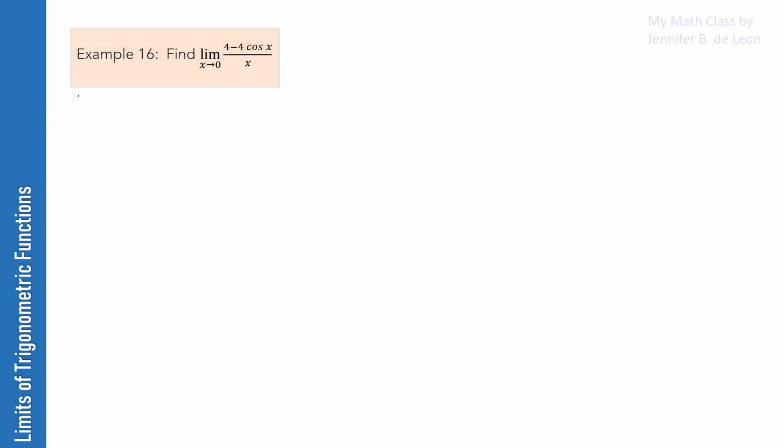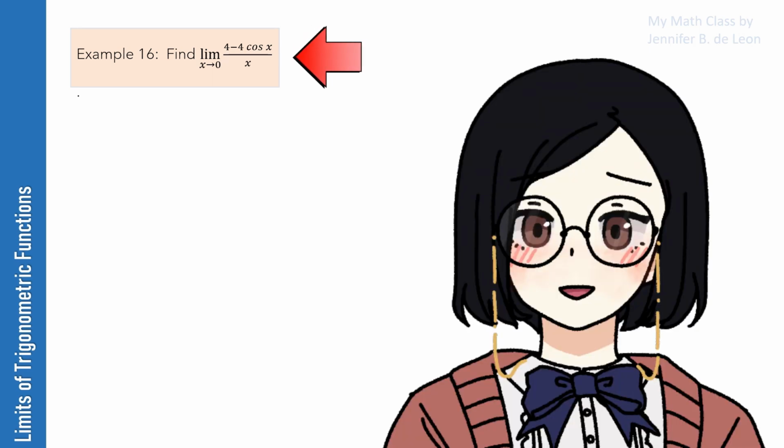Let's try also evaluating the limit of 4 minus 4 cosine x all over x as x approaches 0.